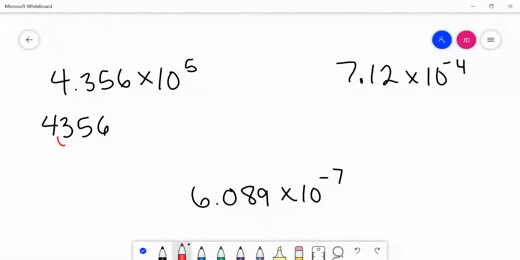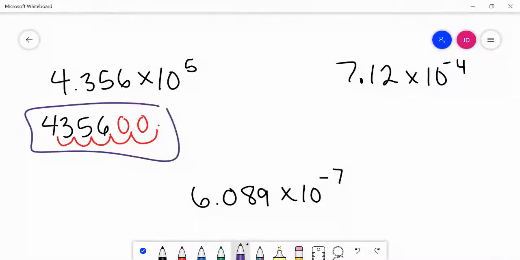So again, 1, 2, 3, 4, 5. There's my new decimal. I fill in my numbers. My final answer is 435,600.